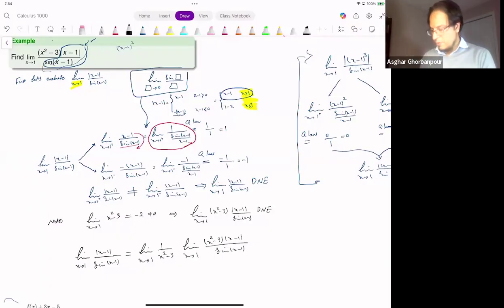Yes, I multiplied and then used the product law. I separated, but I know that this number is 1 over negative 2 times the limit of this whole thing.